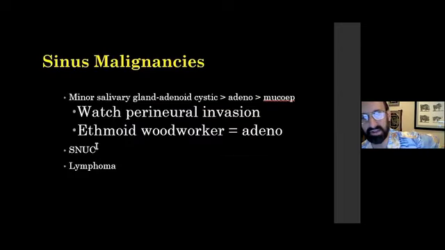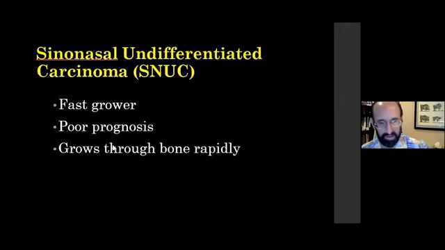Other sinus malignancies include minor salivary gland tumors, where you may see perineural invasion if it's adenoid cystic carcinoma. In woodworkers, we worried about adenocarcinoma. And then there are some nasty ones, the sinonasal undifferentiated carcinoma and lymphoma. And SNUC, or sinonasal undifferentiated carcinoma, is a very fast-growing tumor.